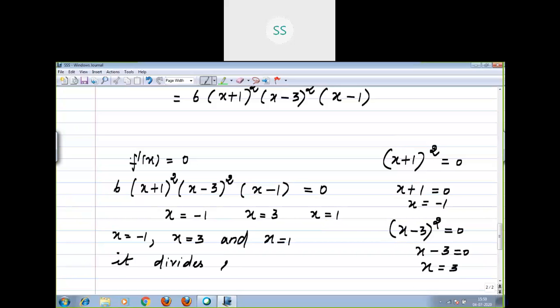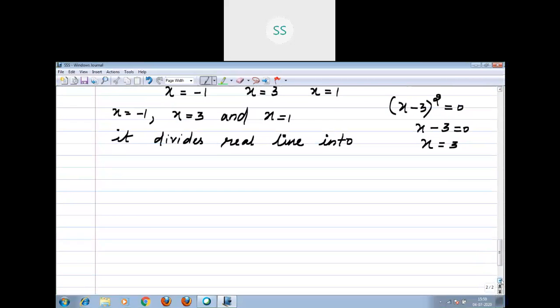It divides the real line into how many parts? Yeah, very good. 4 parts. 3 values means 4 parts.